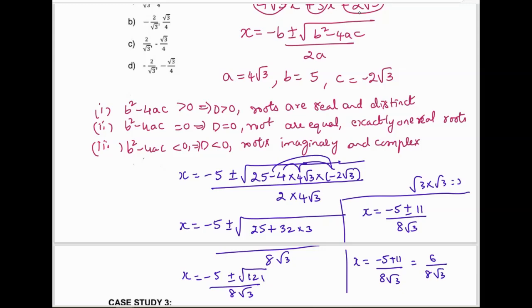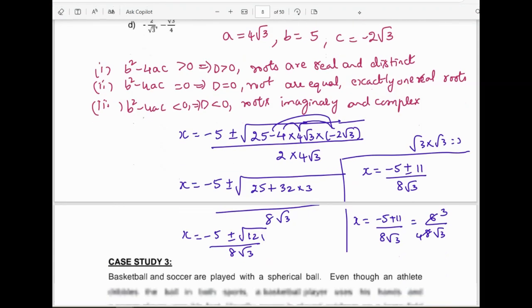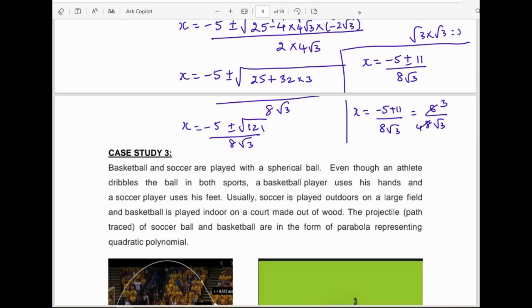That is nothing but 2 3s are 6, 2 4s are 8. Then we can write this as root 3 into root 3, since any number can be written as the product of surds, divided by 4. So root 3 and root 3 get cancelled. The answer will be root 3 divided by 4.